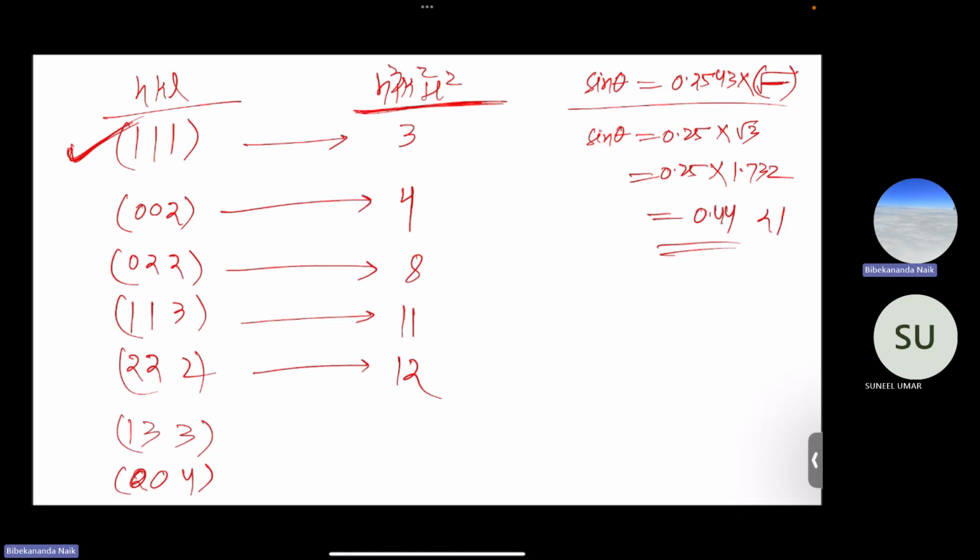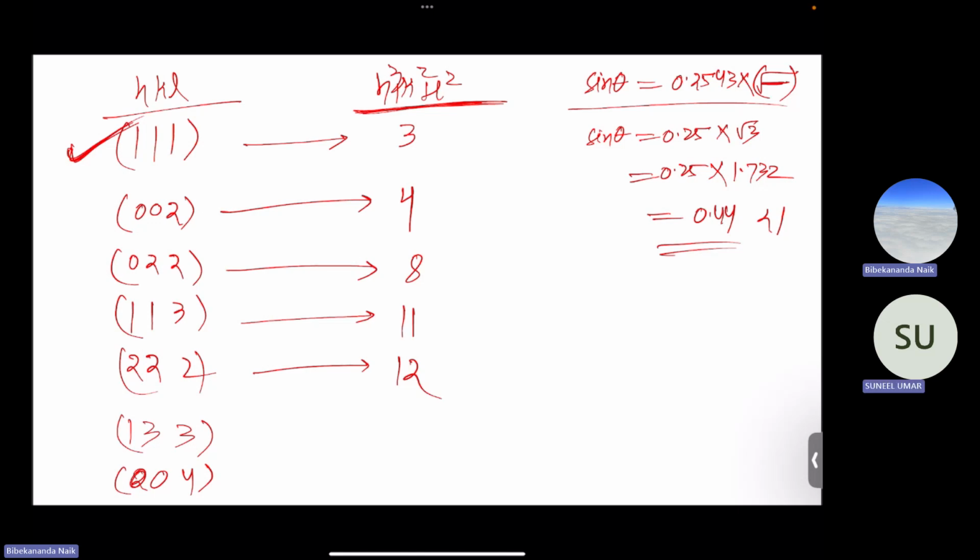No, I told you, according to the geometrical structure factor principle, only these planes will show you the peaks. That is, for those planes, the HKL values should be all even or all odd. You need to know this concept.